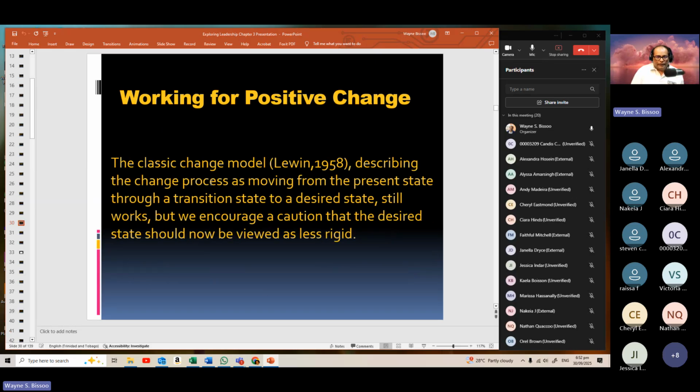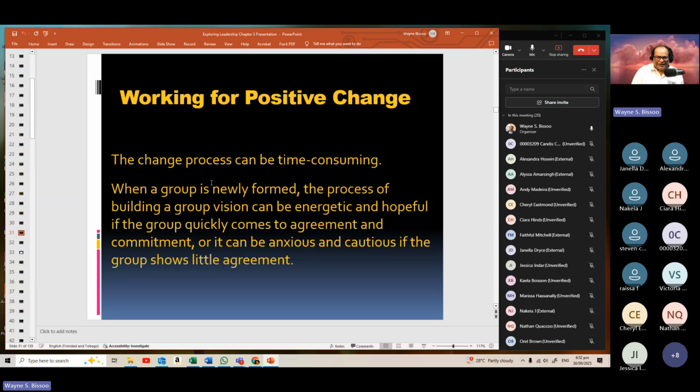All right. So we talked about the change models. Hopefully the team that is going to deal with this chapter will be able to go through these things. One of the things, and yes, this is true, is that change is time consuming. It takes a long time to bring organizations across the board.